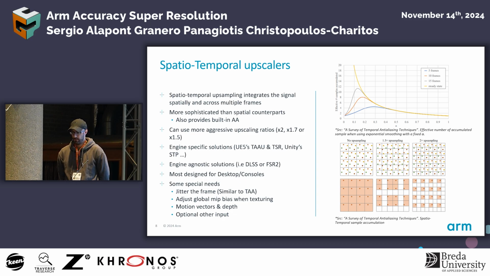In this space, we have engine-specific and engine-agnostic solutions, and the majority of them target desktop and consoles. When it comes to the input of the spatiotemporal upscalers, we need the jittered input images. We also need to adjust the mip bias as if we are rendering in the target resolution, need motion vectors and depth, and some additional optional input for some upscalers, at least.